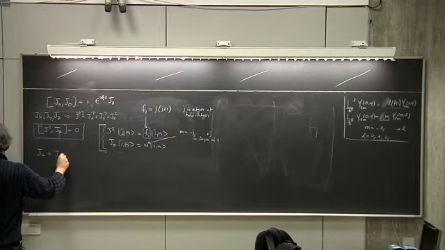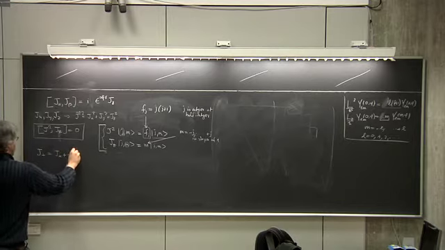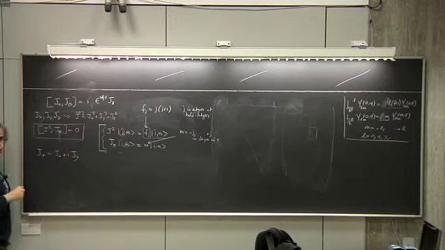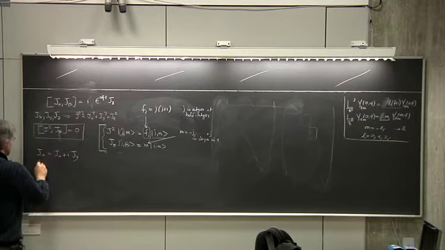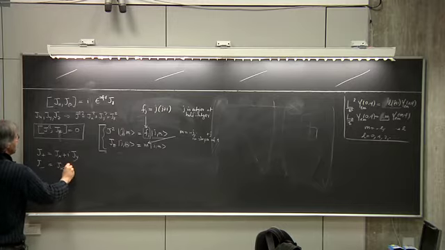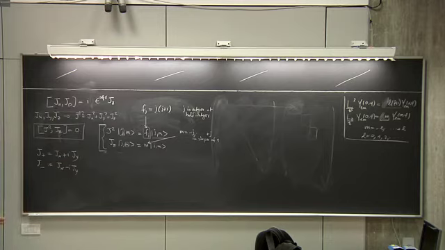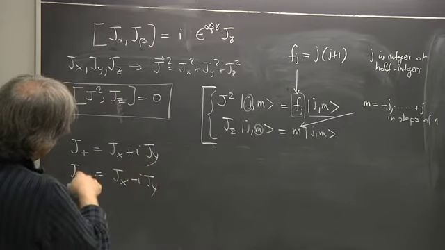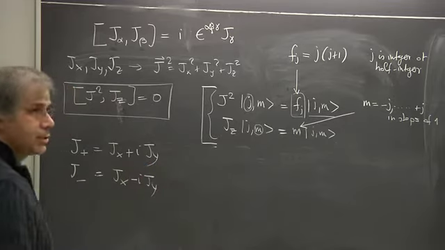One is j plus, jx plus i jy, and the other is j minus, which is the Hermitian conjugate, because this is not Hermitian. Okay, you see there is an i. Jx, jy, and jz are Hermitian, of course. So this is the Hermitian conjugate of that with a minus.